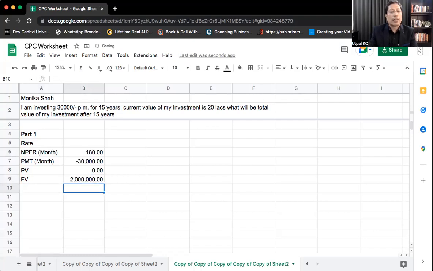Okay, 20 lakhs. Am I right? Current value of my investment is 20 lakhs. Yes, Monica, this data is correct. Now tell me, how many years have you been investing? When did you start your investment? 5 years?